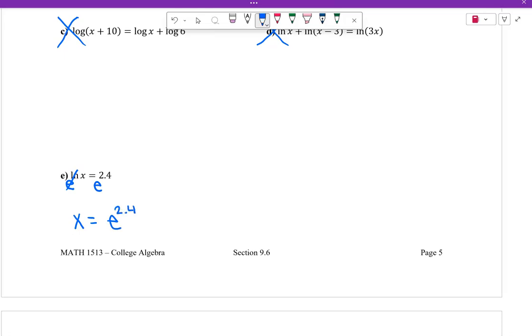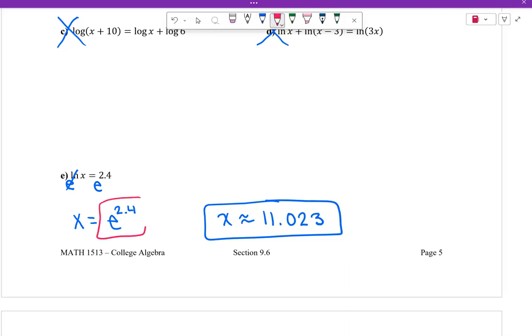So we would just want to type in the calculator e to the 2.4. So x would be approximately 11.023. So again, kind of like that other one, this would be like the exact, and then this over here would be like the solution set.